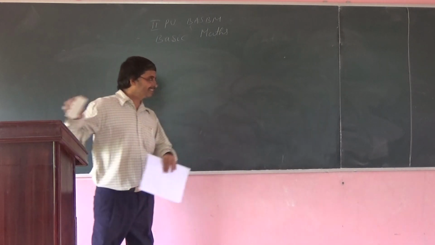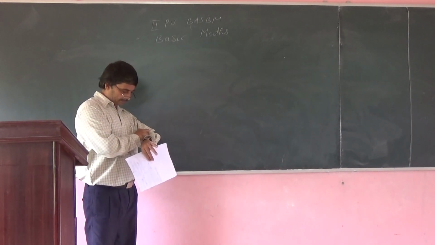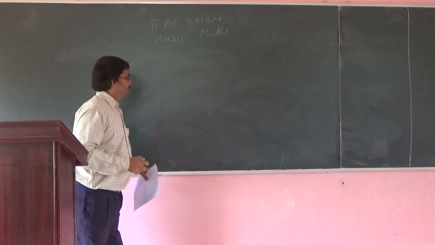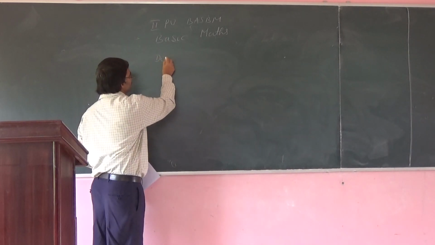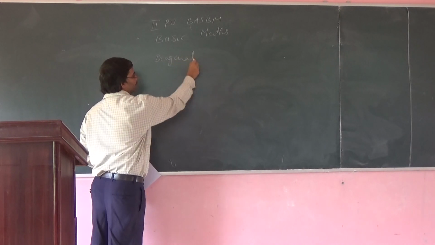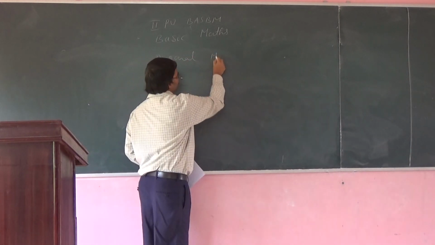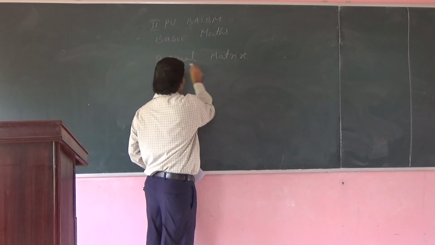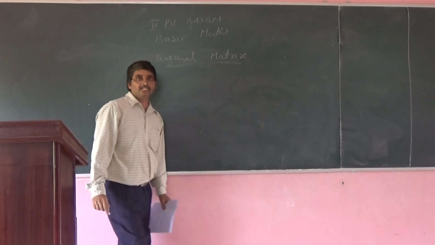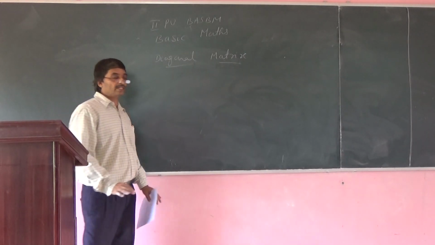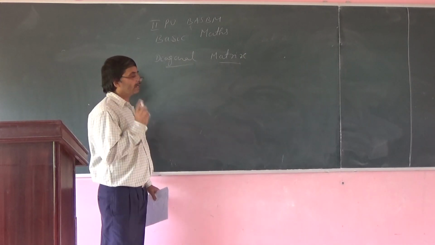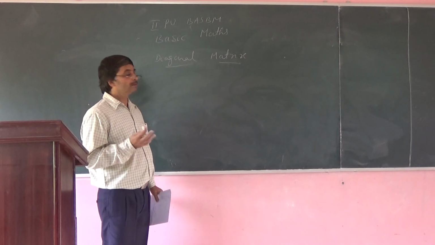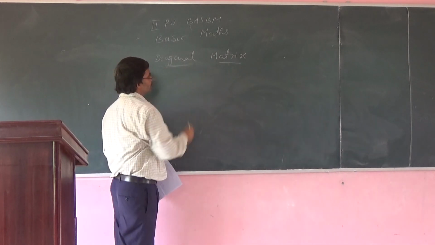Next, diagonal matrix. Matrix is singular, matrices plural. Remember, matrix means one, matrices means plural, more than one. So diagonal matrix.